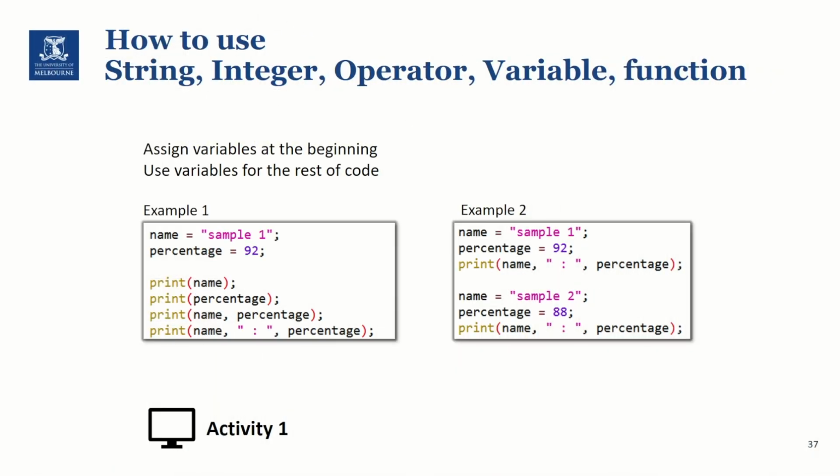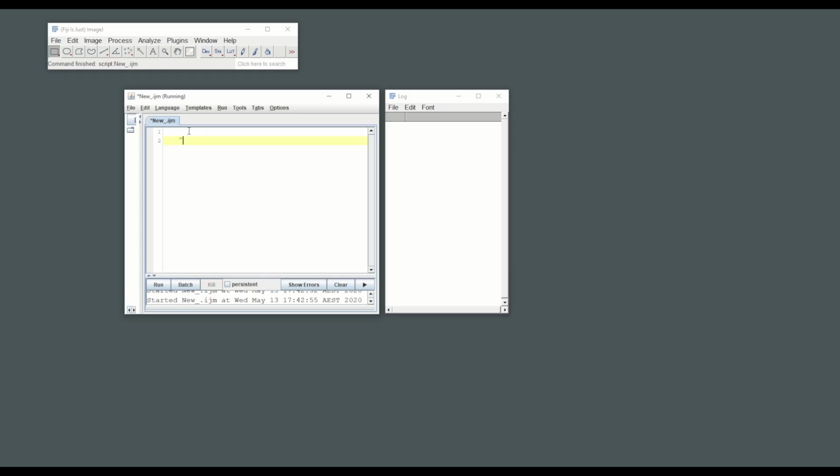Now with the elements we have covered so far, I will show you how we can use those elements in our script. For example, let's say we have calculated the percentage of some ingredient in samples. We can print out the name of the sample and the percentage in different ways.